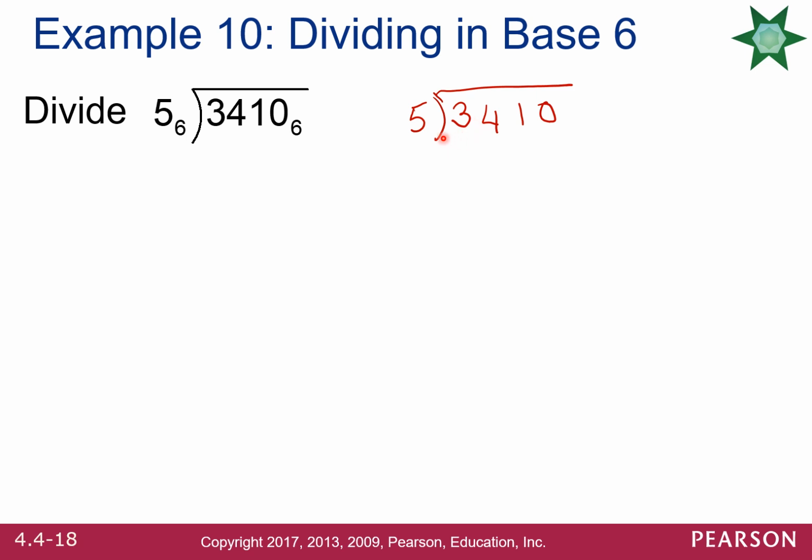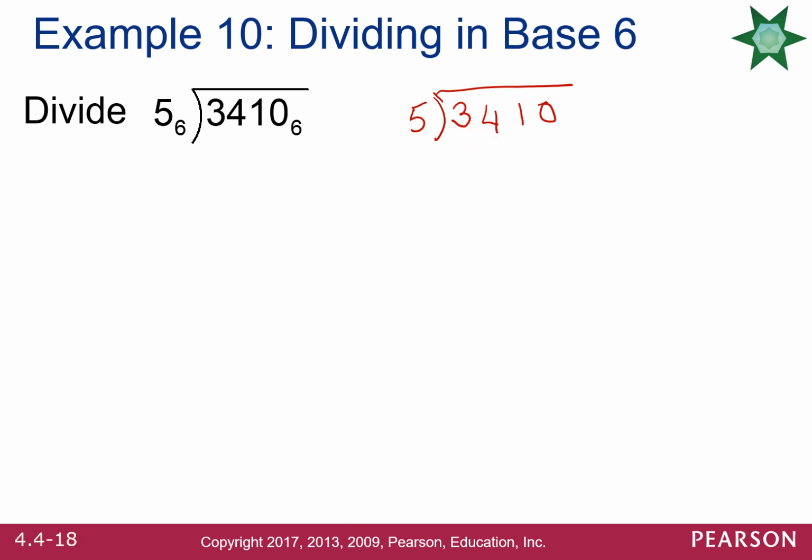In terms of multiplication, what should I multiply 5 with to get a value close to 34 without going over? So 5 times 6. Here we have to recall our multiplication tables. 5 times 6 is 30, which is the closest we can get to 34 without going over.